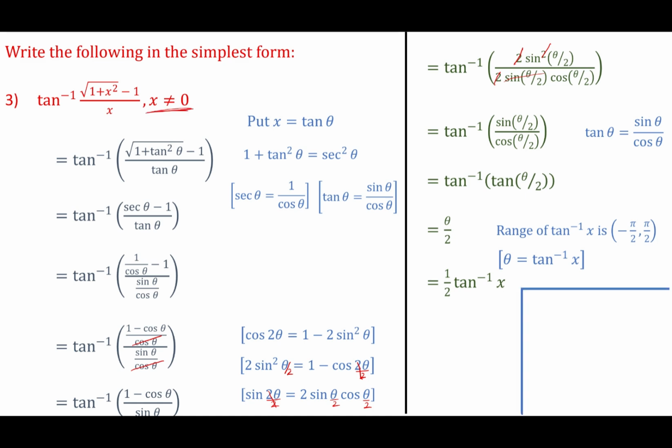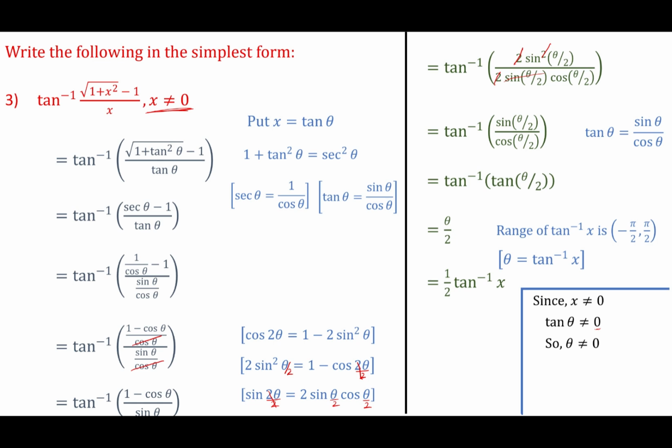Now, since x is not equal to 0, which is given, and x is tan theta, tan theta is not equal to 0. Tan theta must not be equal to 0, which means theta should not be equal to 0, because tan 0 is 0. So theta should not be equal to 0.